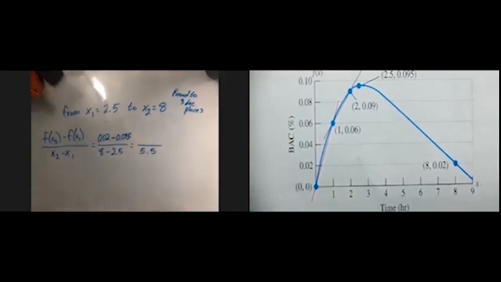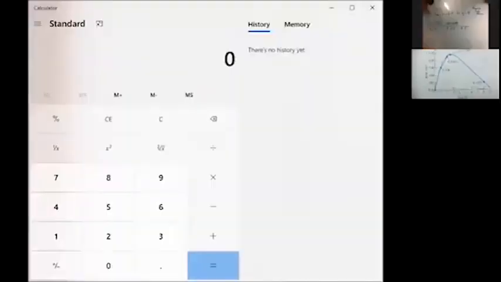That top number is going to be negative. 0.02 is a smaller decimal than 0.095. I don't want to do this by hand. You don't have to either. Calculator.